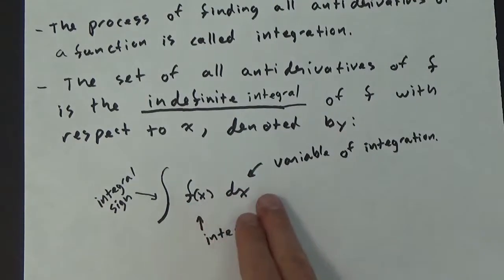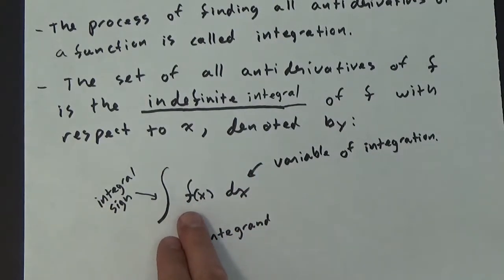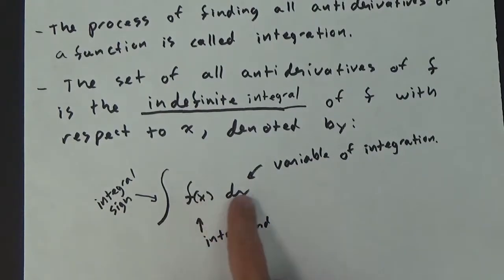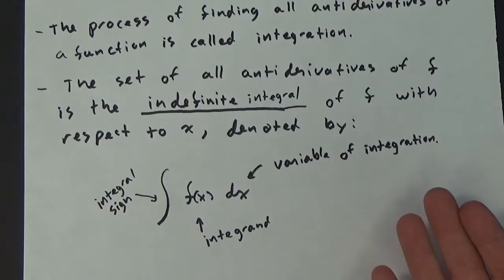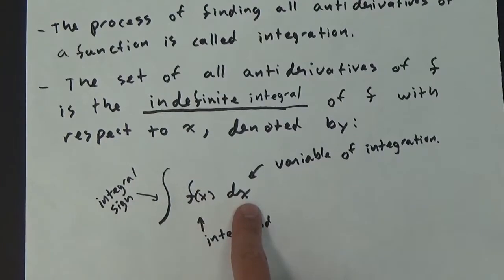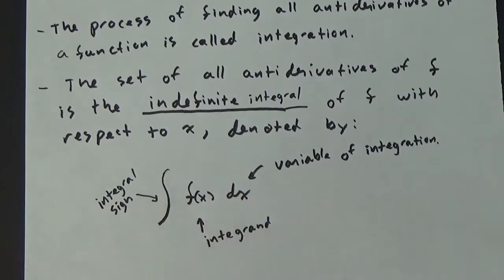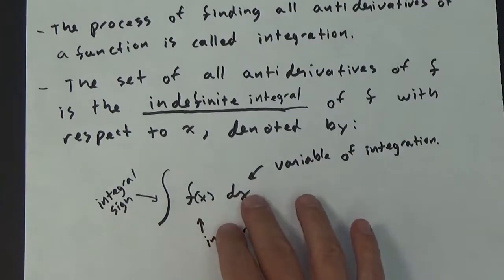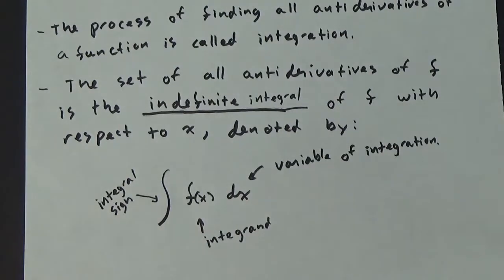For this class, it's always going to be f of x and then x here, so these variables will match. In later classes, when you take multivariable calculus, for example, this variable could be different. But that's not going to happen here. If this is x, that's x; if this is t, that's t, and so forth.